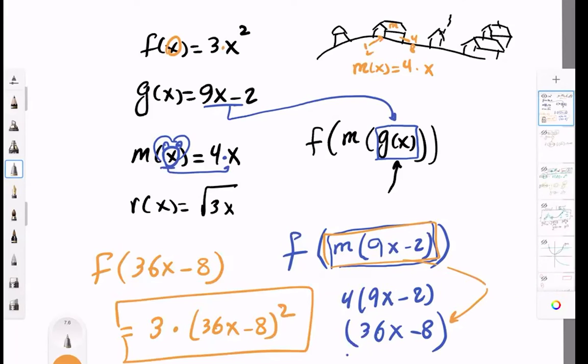Now they're asking us, what is m of 9x minus 2? That means if 9x minus 2 goes inside, the output will be 4 times 9x minus 2. So instead of x, I plug 9x minus 2. So you replaced it. Yes, that's what we do, yeah. Okay.